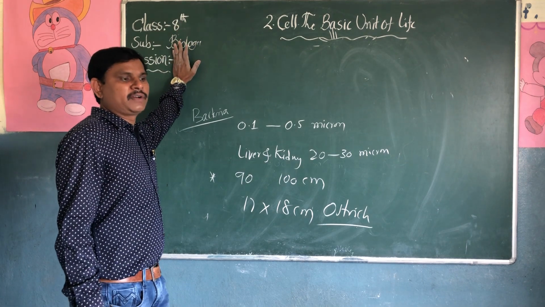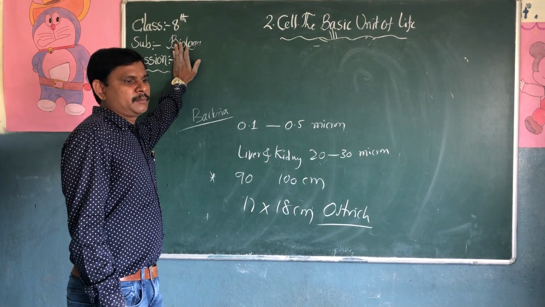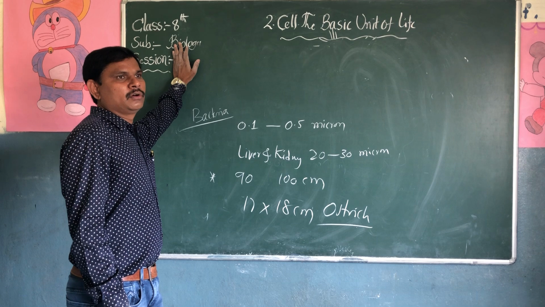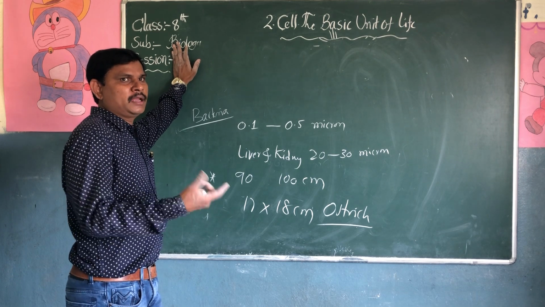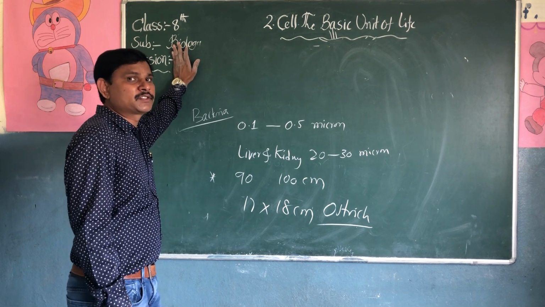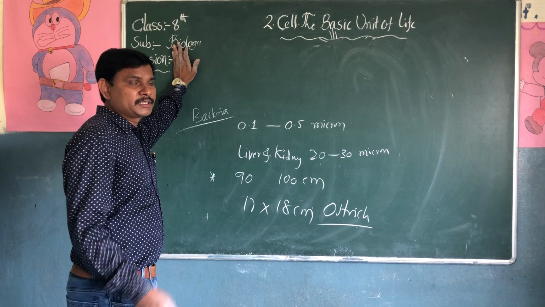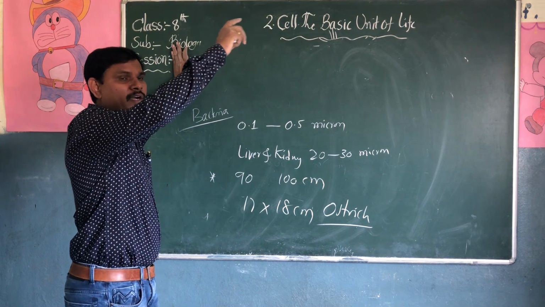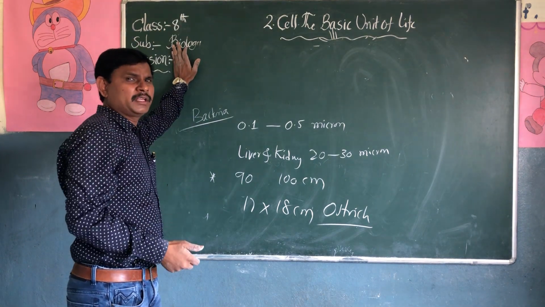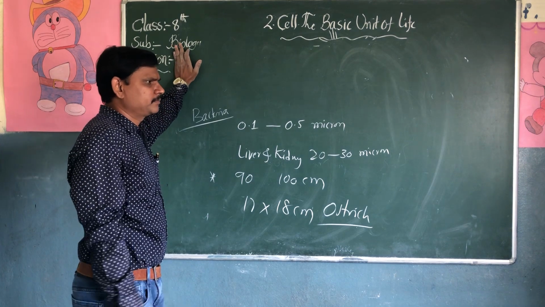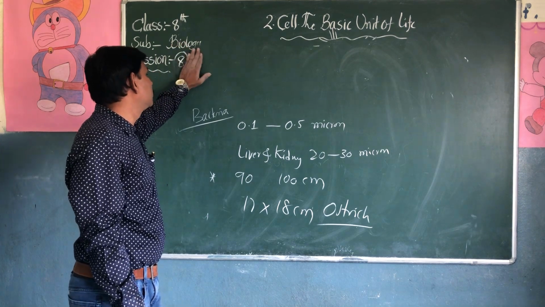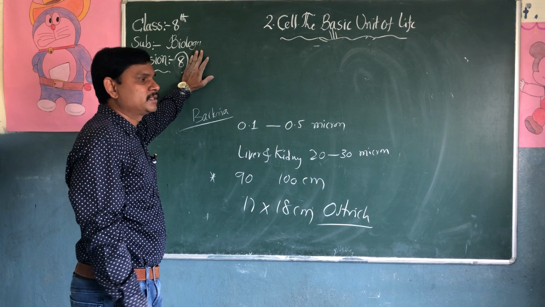So the size of the cells is related to their functions. For example, nerve cells are present in man and animals. They carry information. They are present in the brain and the spinal cord. The function is to carry information to the body parts. So this is about different types of cells and size of the cells.